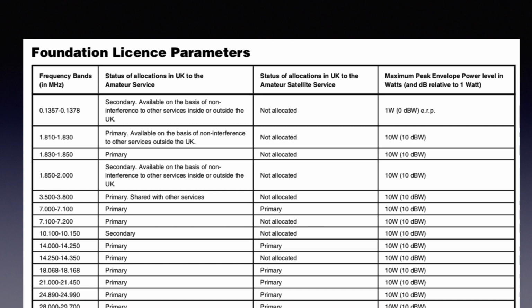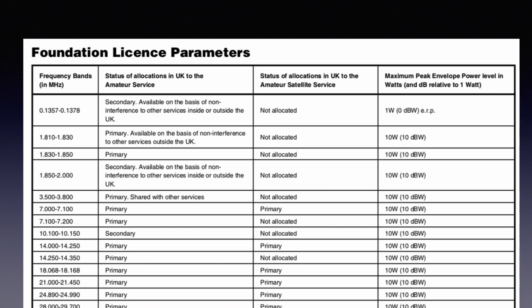The third column then says status of allocations in the UK to the amateur satellite service. This is saying, are these frequencies in use for amateur satellites, and on what basis?